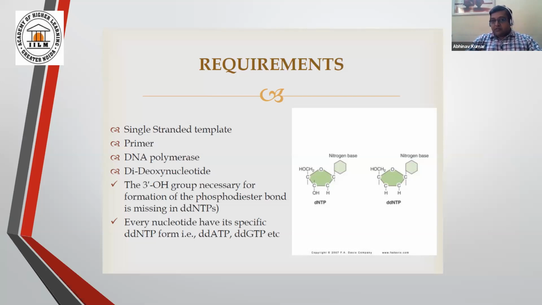Then primers, and DNA polymerase, because this is in vitro. In vitro means inside the test tube. This is an experiment which is carried out in a research laboratory or in sequencing companies, so they use all synthetic things. Fine.